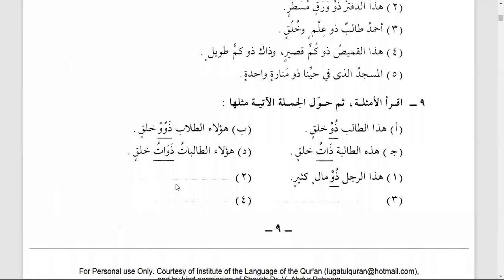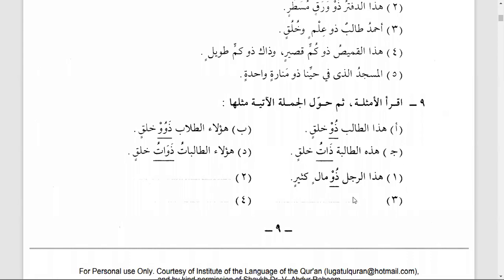Okay. The third one. So what's the opposite of rajul? We have learned it in book number 1. هذه المرأة ذات مال كثير. Okay, there is a slight mistake. When you say al, then if you remember, it will be read as mar'atu.